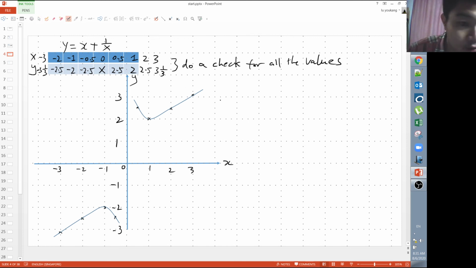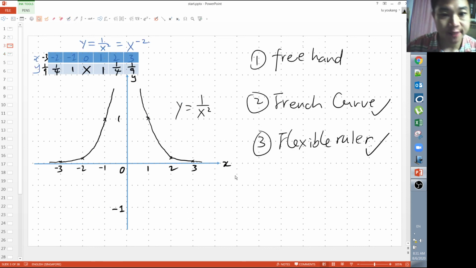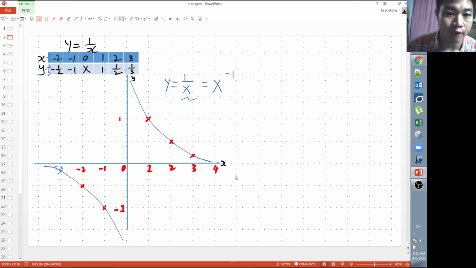So this is your y is equal to x plus 1 over x. This question is a combination of a linear function plus your 1/x function, right? And previously you had y is equal to 1/x to the power of 2, and over here you have your y is equal to 1/x.